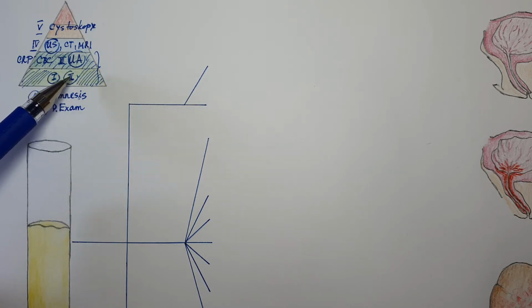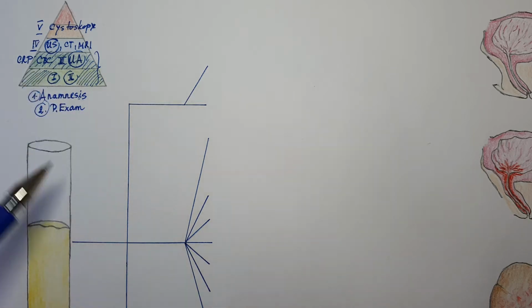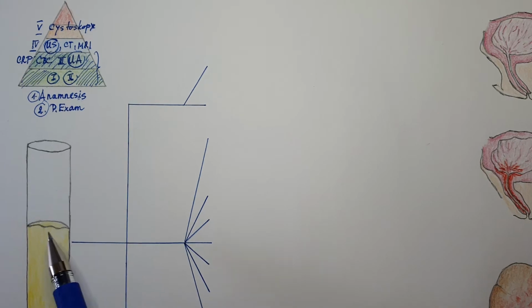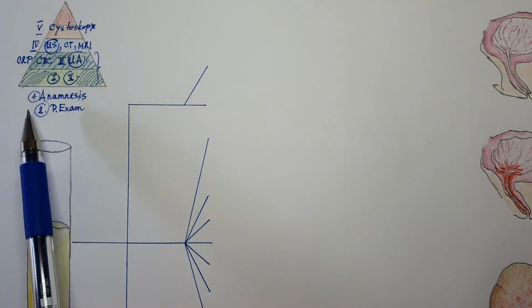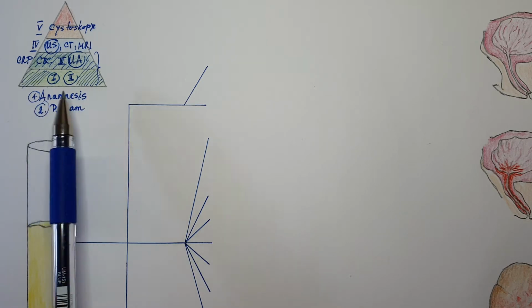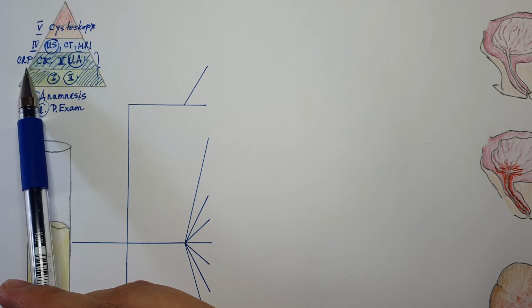If we need other tests, we probably can also do on this level a complete blood count and CRP, or C-reactive protein, to differentiate between other diseases that can have a similar clinical presentation. So sometimes cystitis can look like appendicitis. So you would need to do a more thorough anamnesis and physical examination, and also do a CBC and CRP.